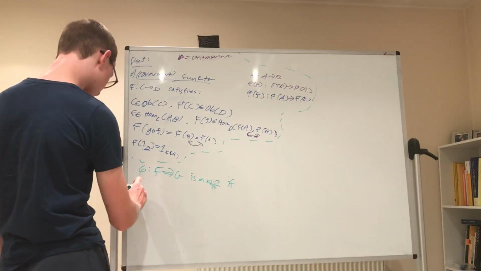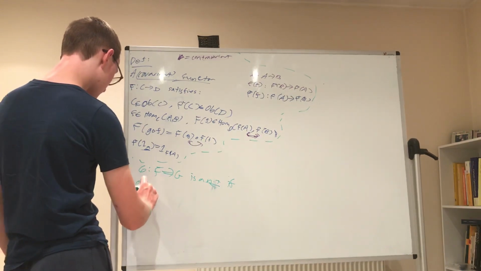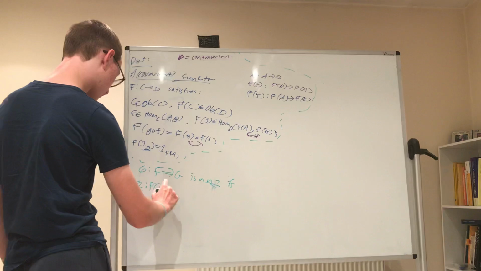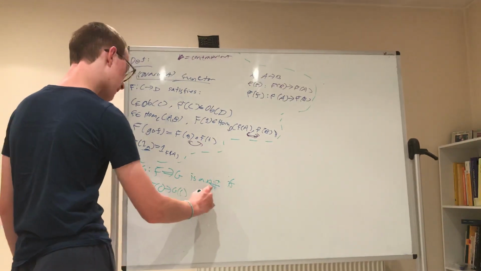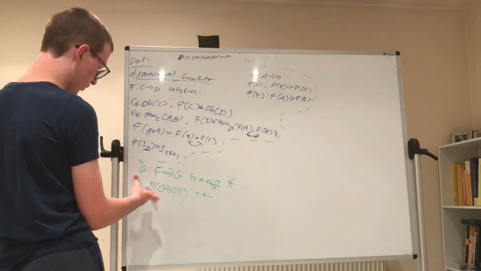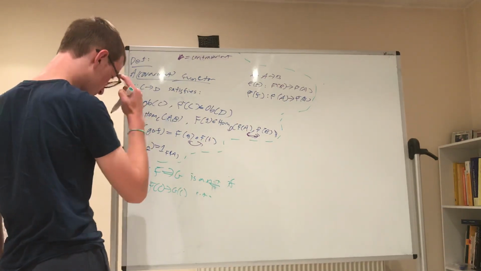We have a morphism phi_C from F of C to G of C, for every object C, such that the following diagram commutes.